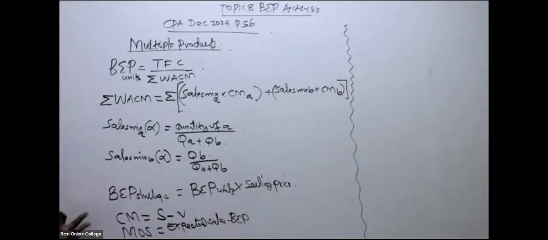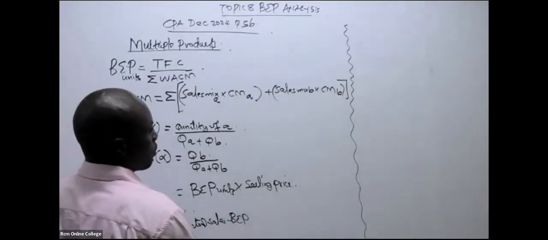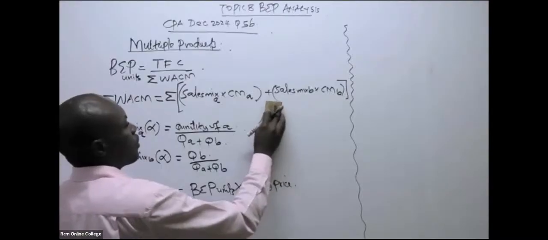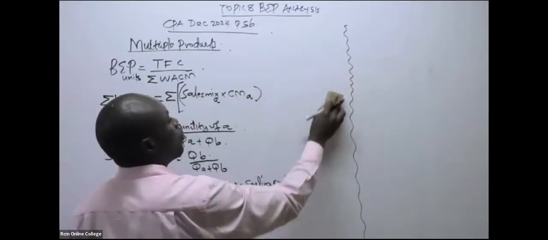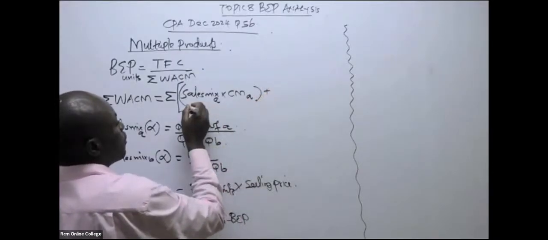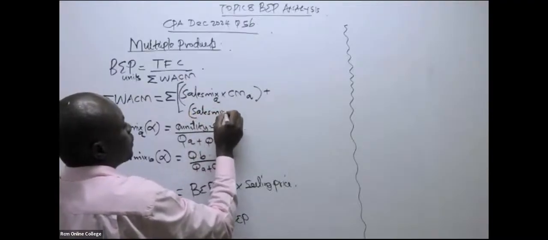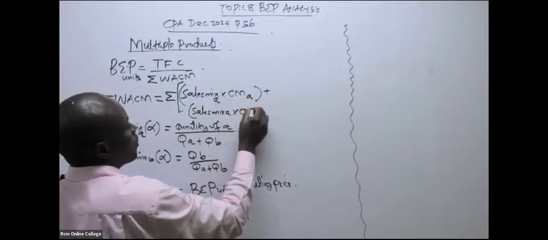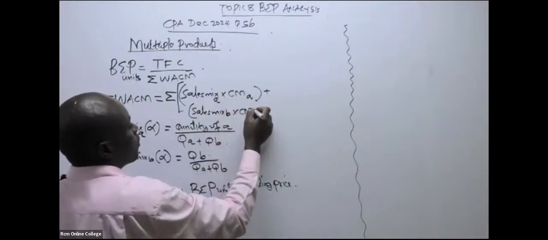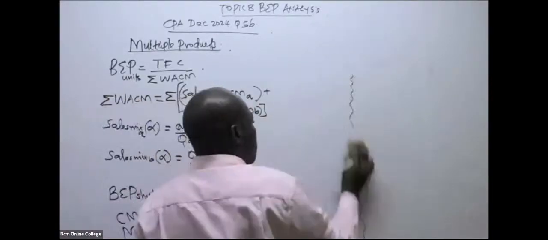It can be in shillings or in units. This is not changing anytime soon. Our total fixed cost is still the total fixed cost. So maybe I want to create some space here. Plus sales mix of A times contribution of B, so that I have some adequate space here.